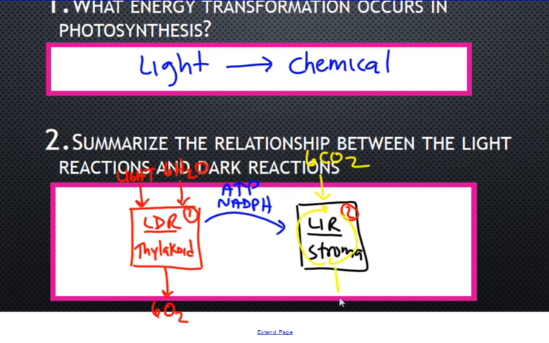We end up forming one C6H12O6 molecule. So one glucose molecule formed, and then we end up sending back those lower energy forms of ADP and NADP+, to be built back up.